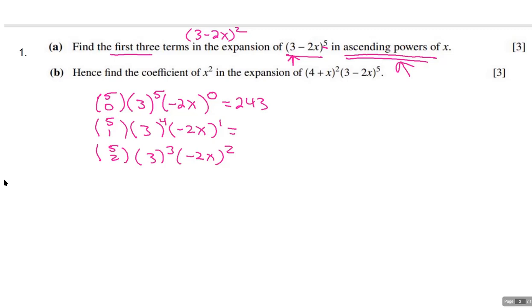What's 5 times 3 to the 4th times negative 2? You got it?